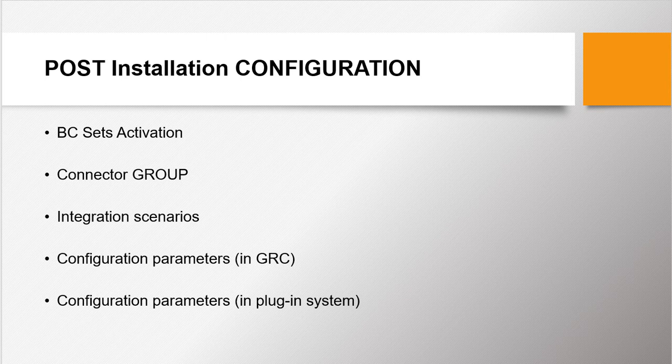We will see what those parameters are. Those parameters have to be maintained in the GRC system as well as the plugin systems, but only in that case. Otherwise, there are no specific configuration parameters that you need to maintain in the plugin systems.